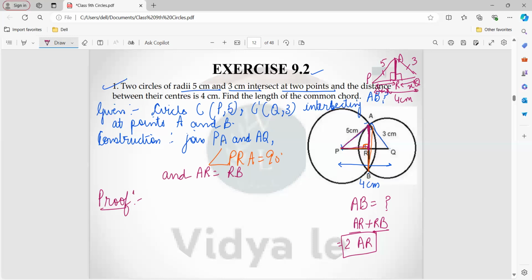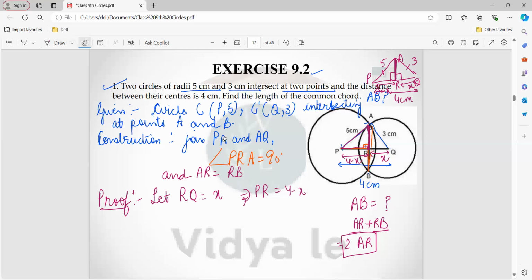So we will first suppose RQ is equal to x, as PQ is equal to 4 centimeter, and RQ we have supposed as x. Then PR will be 4 minus x, right?